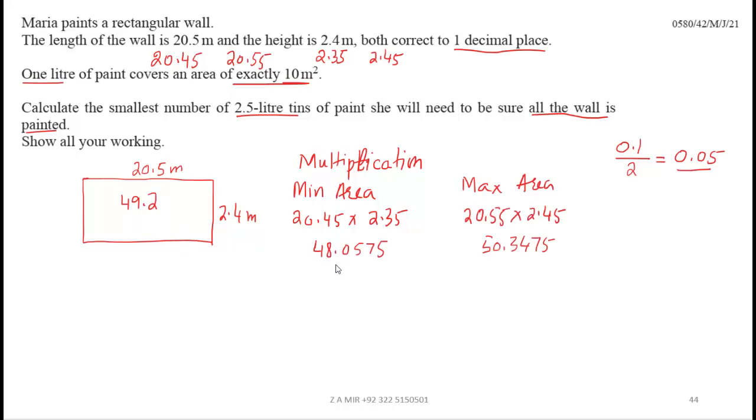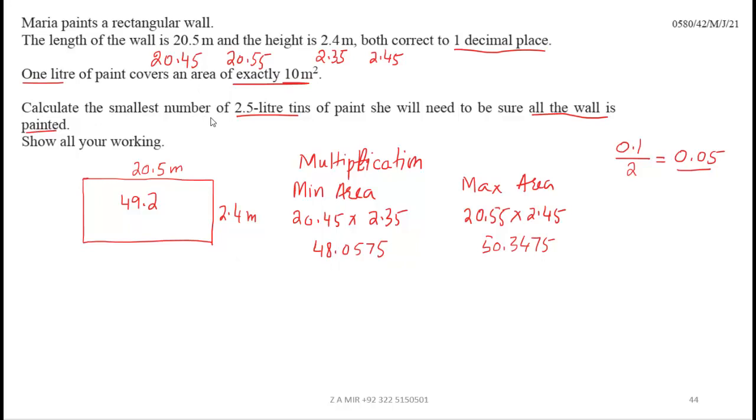So the minimum area is 48.0575 and the maximum area of the wall can be 50.3475, and the area using the given figures is 49.2, which is in between these two areas.